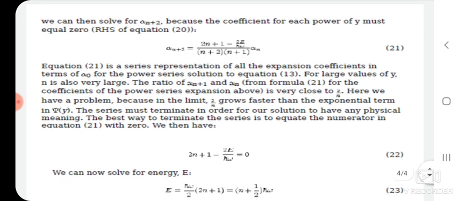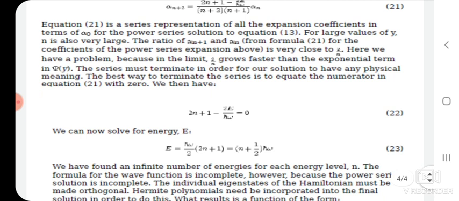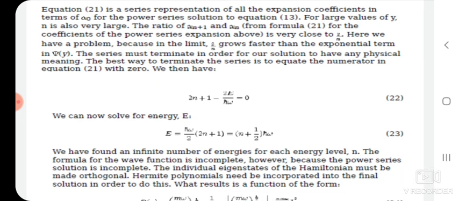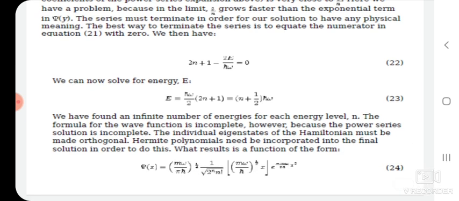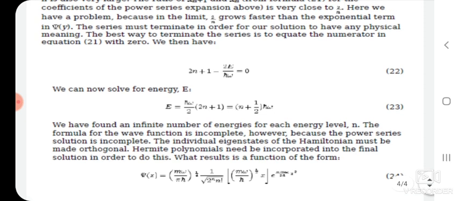Therefore, if we equate 2n plus 1 minus 2e by h cross omega is equal to 0, then if we simplify that, we get E is equal to 1 half 2n plus 1 h cross omega, or n plus 1 by 2 h cross omega. This is the energy associated with the harmonic oscillator. Then we have found an infinite number of energies for each energy level of n.